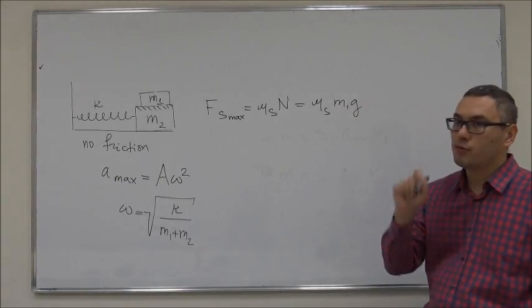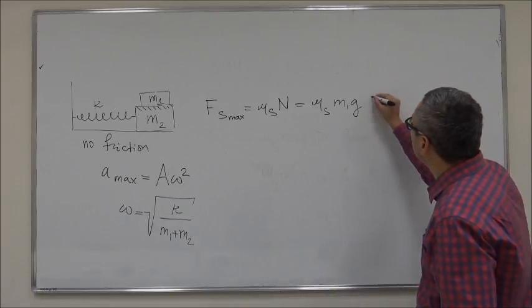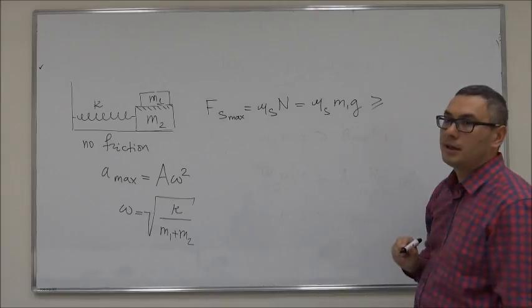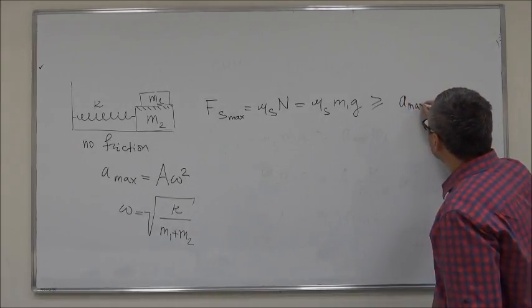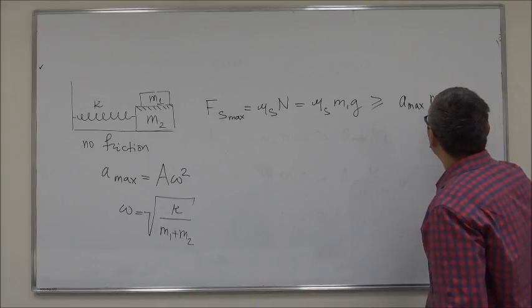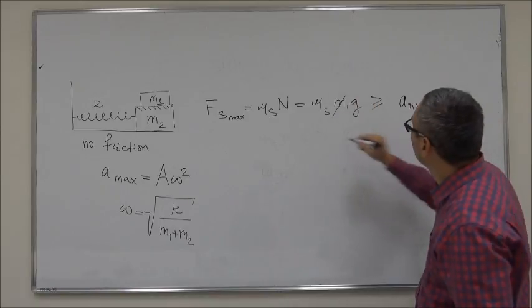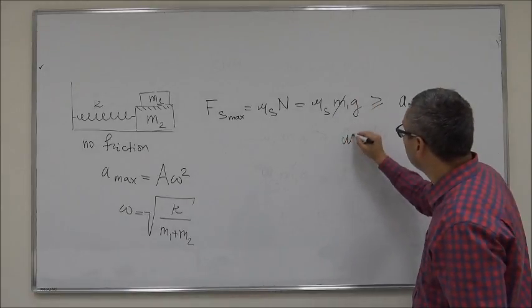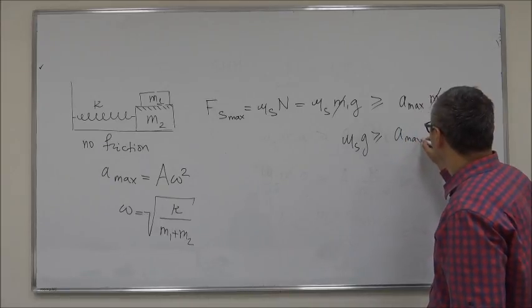And if we want M1 to be sitting on M2 at all times, we have to make sure that this force is greater or equal to A max times M1, okay? Or M1 will cancel out. You can say that mu s g has to be greater or equal to A max.